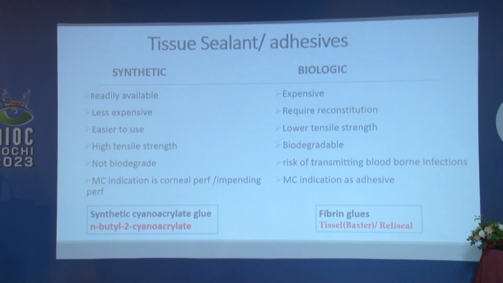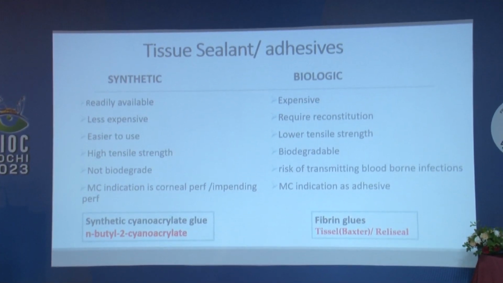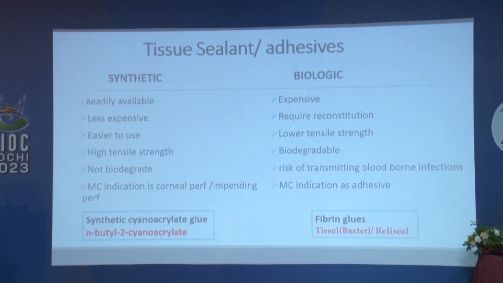On the contrary, biological glues are expensive, require reconstitution, and have low tensile strength, so they cannot be used as a sealant, rather only as an adhesive. It is biodegradable, and the most common indication is amniotic membrane or others.